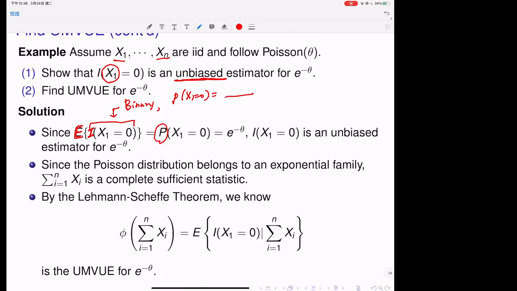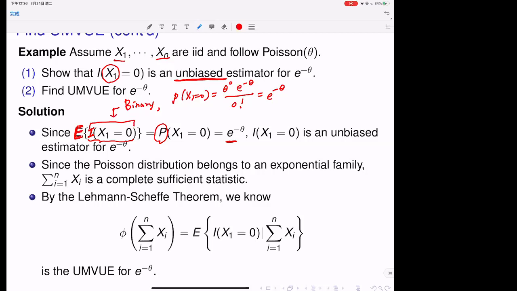So it's really easy to show that the probability of X1 equals 0 is e to the minus theta. That means the expected value of the statistic is e to the minus theta, so it's easy to show that the indicator function of X1 equals 0 is an unbiased estimator.